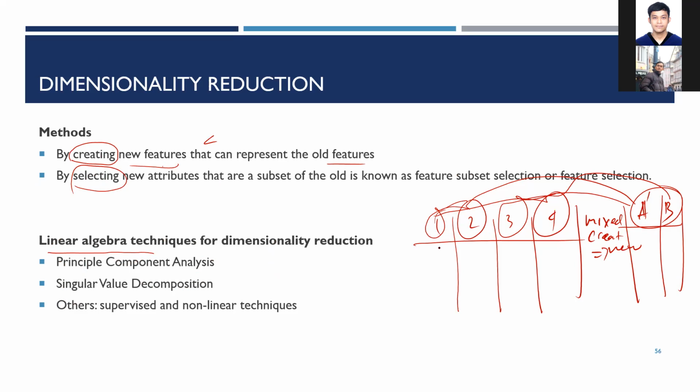For example, we have 1, 2, 3, 4 attributes, and we select only 2 and 3. We don't use 1 and 4. Selecting means that we only use some of them and totally ignore the other attributes. But in creating, we will not ignore any features. We will mix them into the new features.